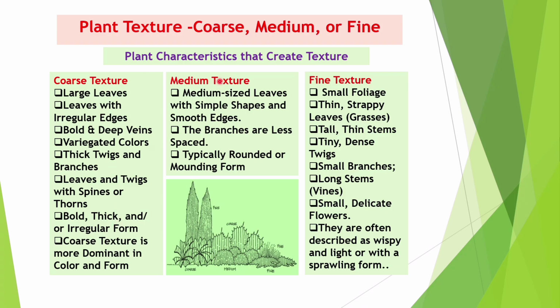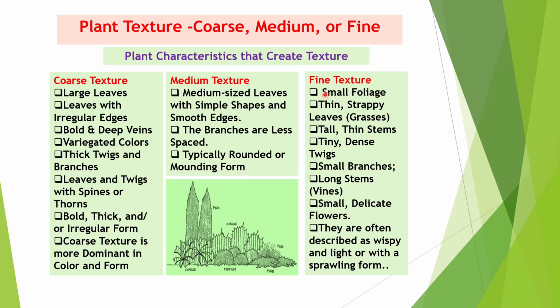And then medium texture is one which has medium sized leaves with simple shapes and smooth edges. So here are the irregular edges, here are the smooth edges, and the branches are less spaced, that is, they are compact together, typically rounded or mounding in form. What will be the fine texture now?